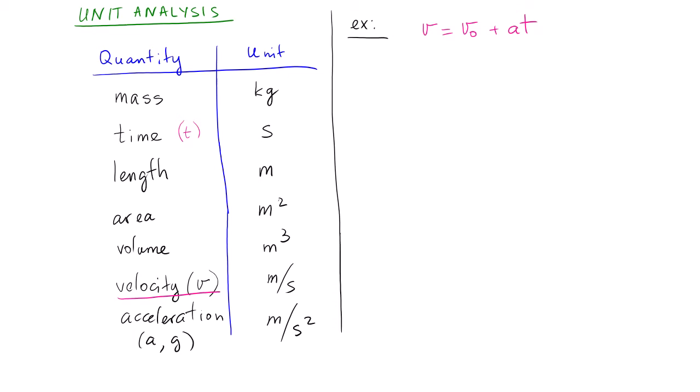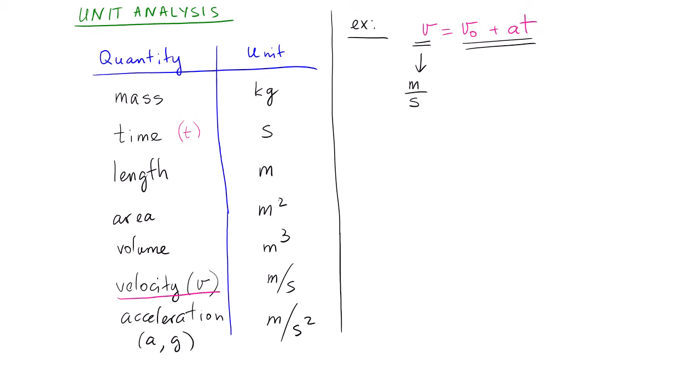Now let's make a dimensional analysis, or unit analysis. All we need to do is check whether on the left side of this equation and the right side of the equation, the units are the same. We know already for the left side, the unit for velocity is meters per second.